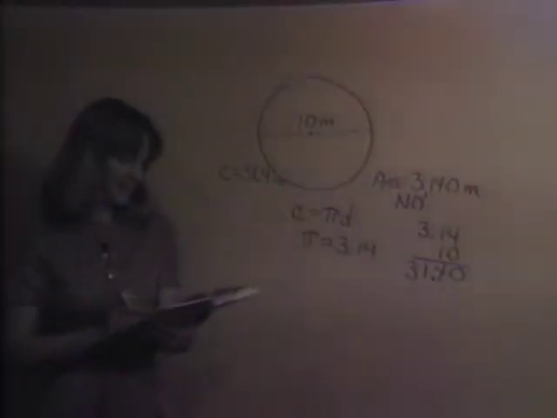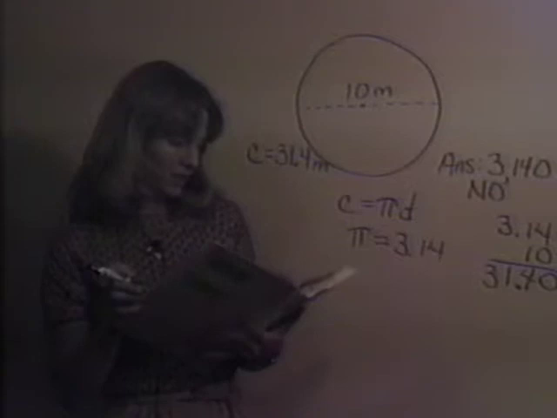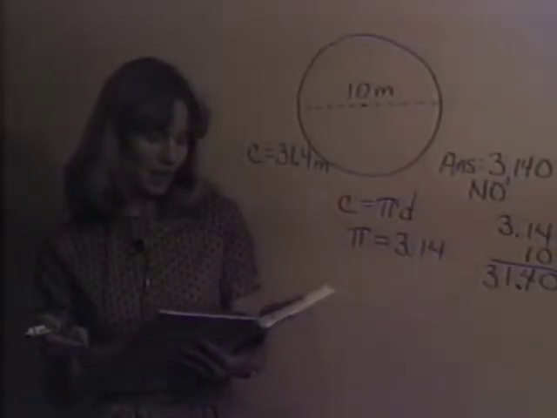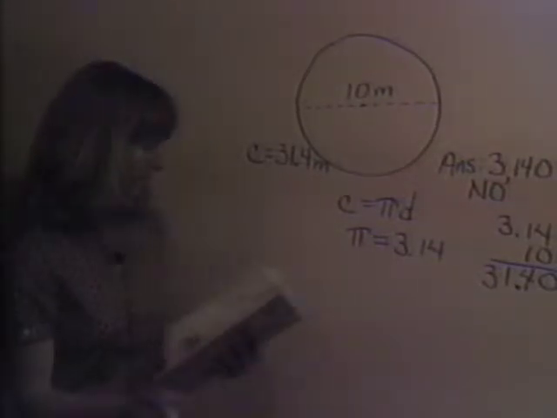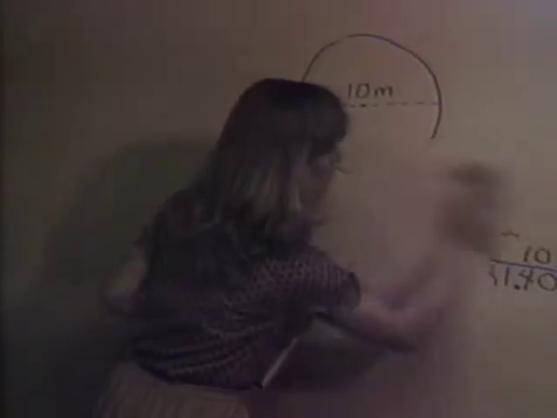Let me go through another one. Joni has only 2 2/4 cups of uncooked instant rice left in the package. She figures she needs about 1/4 cup of uncooked rice for each serving. How many people can Joni serve? Okay, let me erase this problem so we've got some room here.